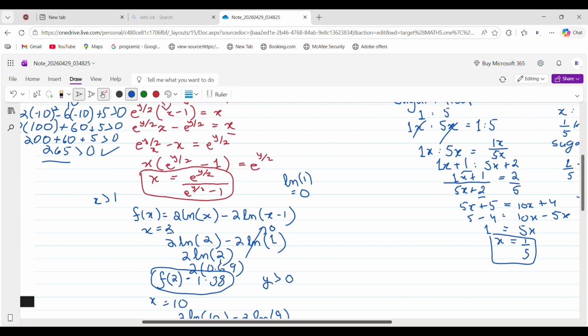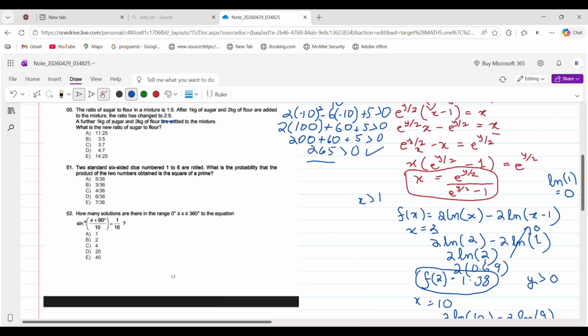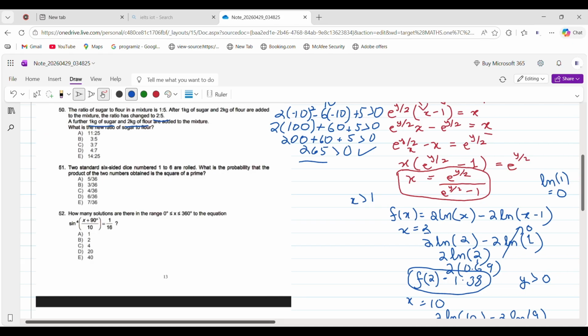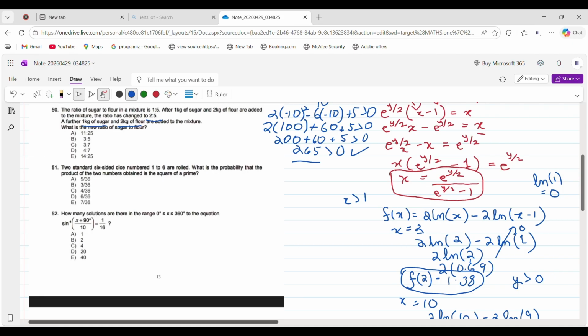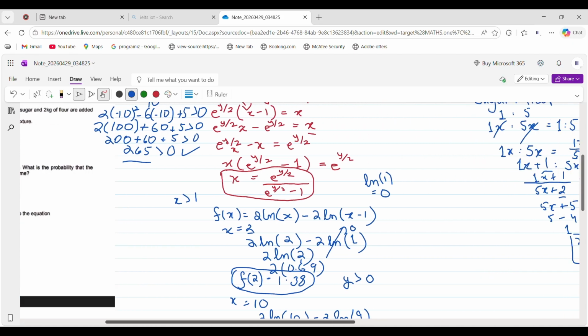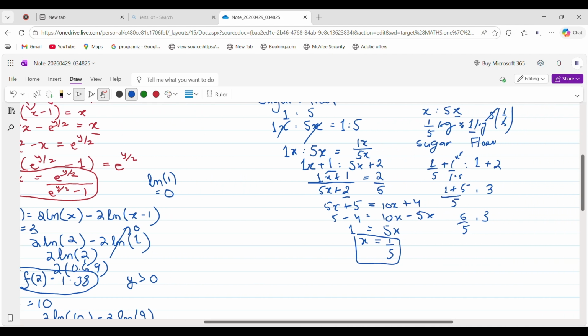Okay, they said that a further 1 kg of sugar and 2 kg of flour are added. We have to now find the new ratio of the sugar to flour. 1 kg of sugar is again added, which means 6 by 5 plus 1, ratio.